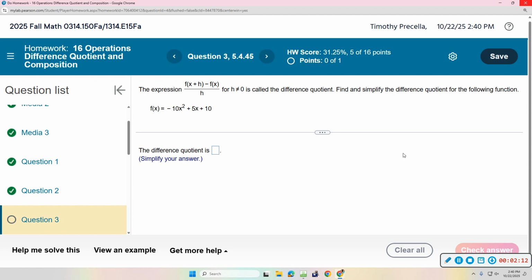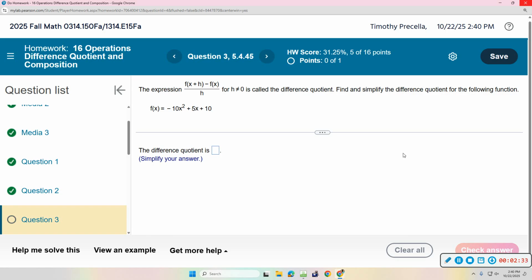I would have liked it to have said to find the difference quotient using the 3-step process. I think that's how the business calculus book says it. Use a 3-step process to find the difference quotient. But let me see.